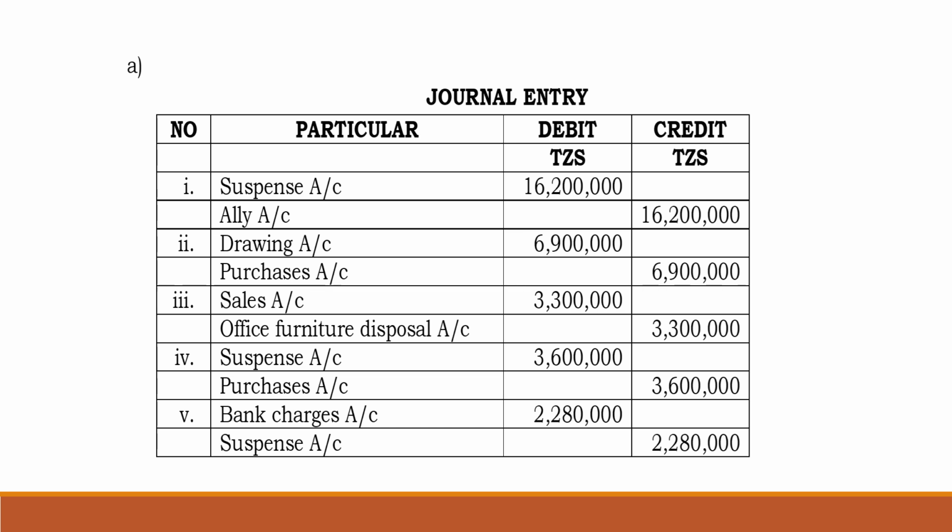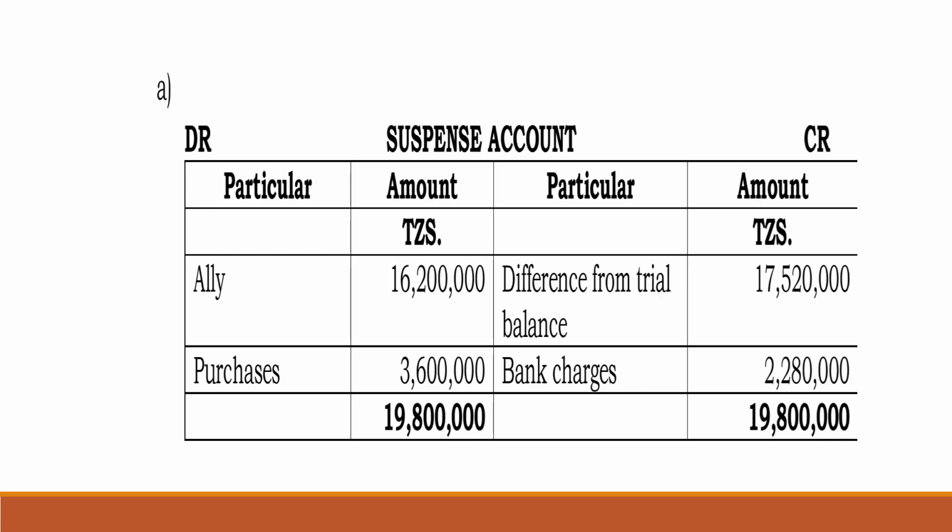So when you want to show this in a suspense account, those differences in the books were on the credit side, so we place it on the credit side as the difference from the trial balance, 17,520,000. Again, we took from the journal. So we debit suspense account, where the corresponding account is Early, 16,200,000.